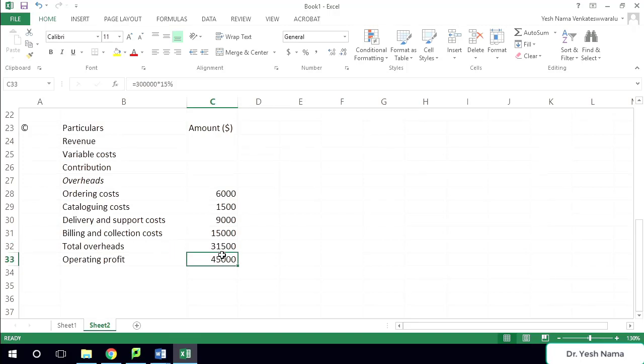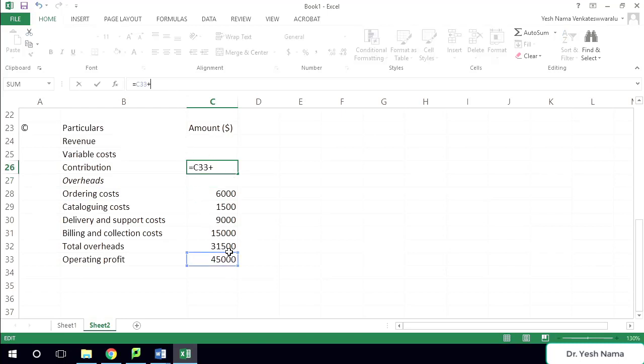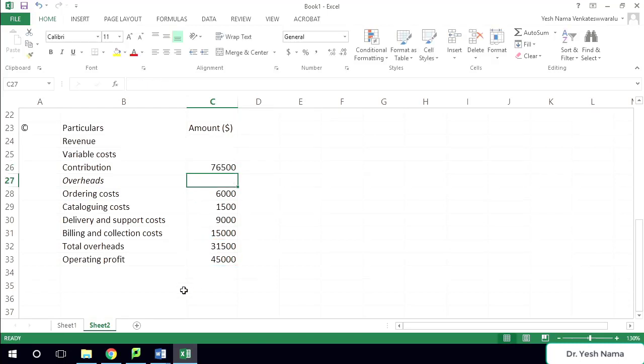We know what the profit is, we know what the overheads are. Can we calculate contribution? Contribution is equal to operating profit plus overheads. So 31,500 is the sum of these, right? So contribution is equal to operating profit plus overheads, the total contribution.